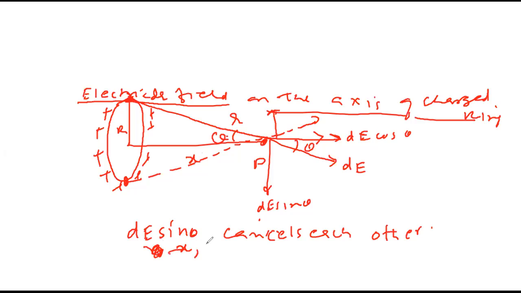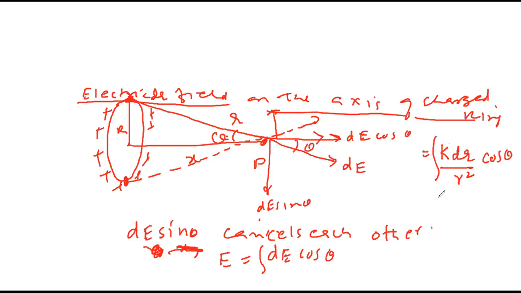R, x, theta, three unknowns I can see. So the net integration of dE cos theta, and dE is nothing but, for small charge dq, k dq upon r square. k upon r square is constant, cos theta is constant, inside we will get only dq.